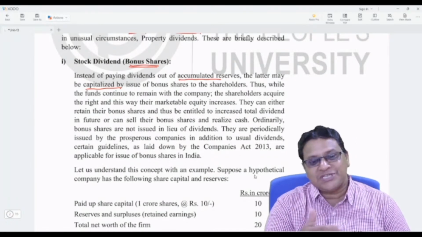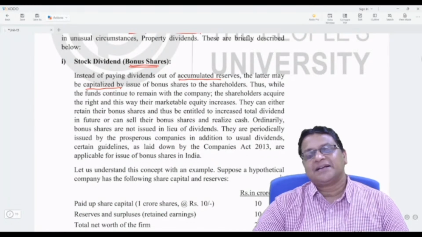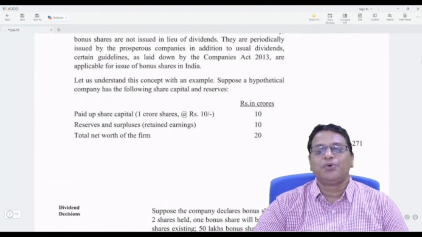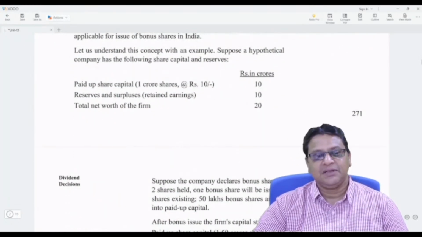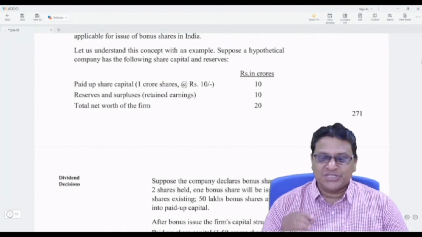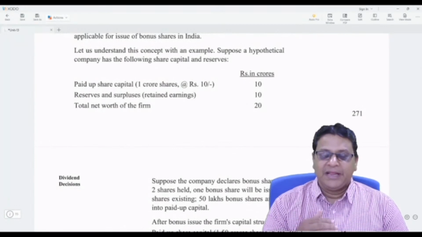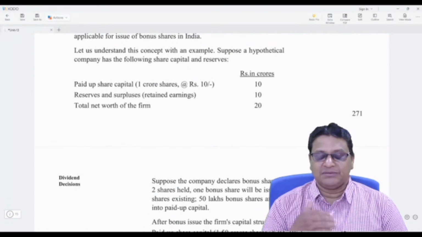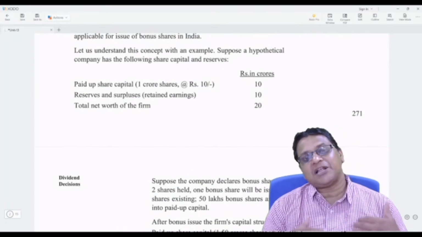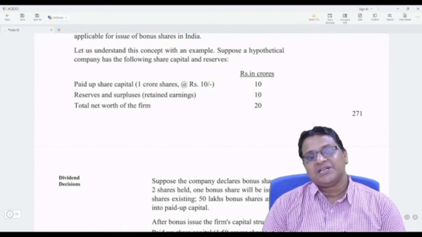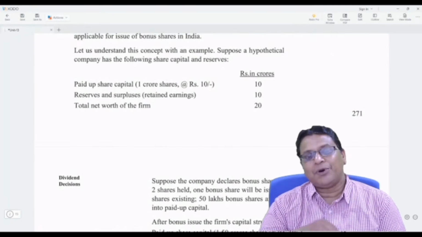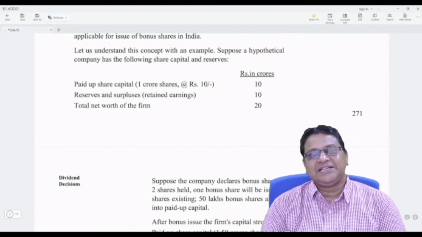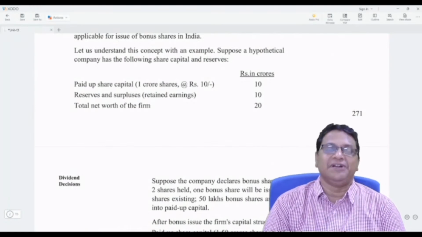Then how is bonus share issued? Let's take a hypothetical example. I have already told that bonus share is issued by capitalizing the reserves. Bonus shares are those shares for which shareholders get shares but do not pay anything. These are paid in lieu of dividend.